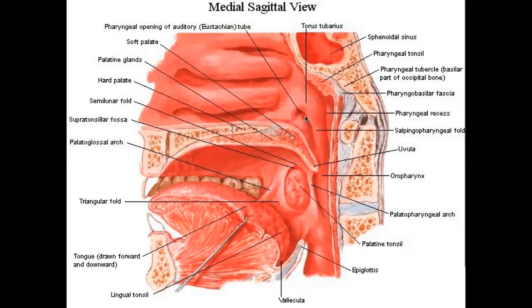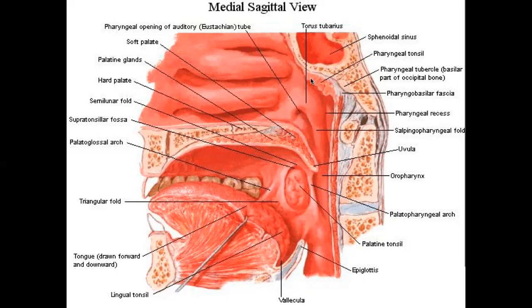Then we also have the roof of the nasopharynx. On the roof of the nasopharynx, again we have specialized lymphatic tissue accumulated together, which is called the pharyngeal tonsil. What is it called? The pharyngeal tonsil. On both sides we have the tubal tonsil, and above we have the pharyngeal tonsil.